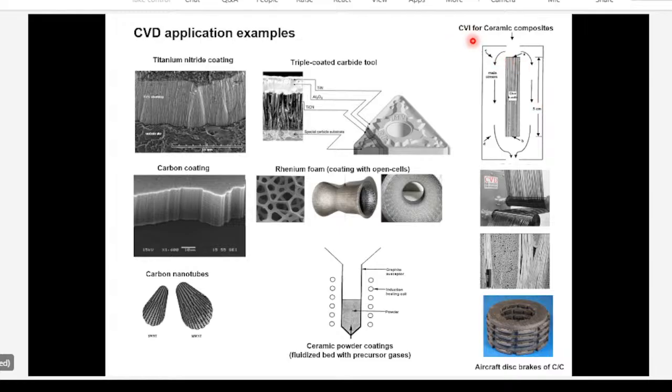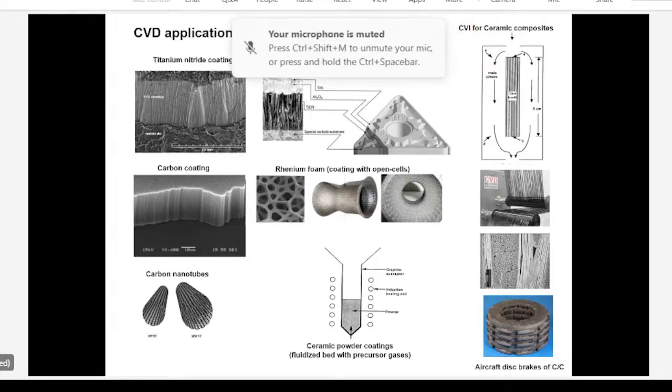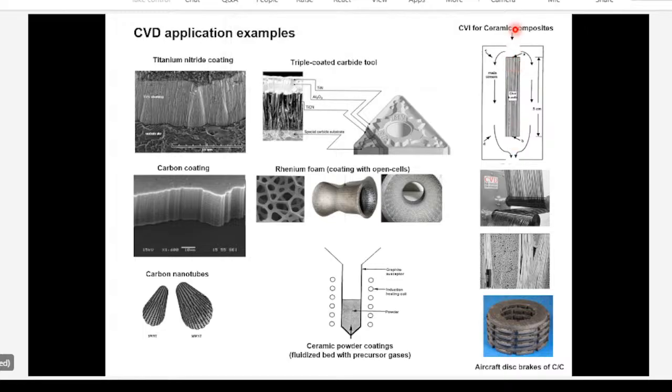CVI is just another name. It's called chemical vapor infiltration, which is basically CVD as an infiltration process. What you do here is you have the carbon fiber bundle inside the vacuum chamber, and you introduce reactive gases in the chamber. The gases flow through the fibers and also around them.